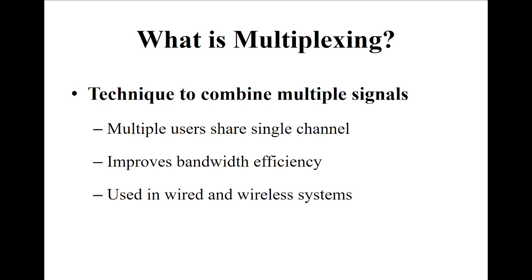Therefore, multiplexing helps us efficiently utilize available bandwidth. For example, imagine a single highway that must be shared by many vehicles. Multiplexing decides how vehicles use that road.